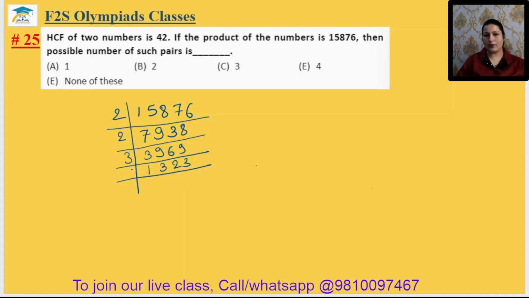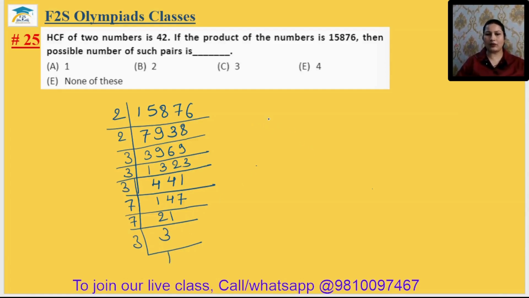Again 3, 4s are, 3 4s are, 3 1s are. Again 3 1s are, 3 4s are, 3 7s are. Now 7 2s are, 1s are. Again 7 3s are. Now 3 1s are.